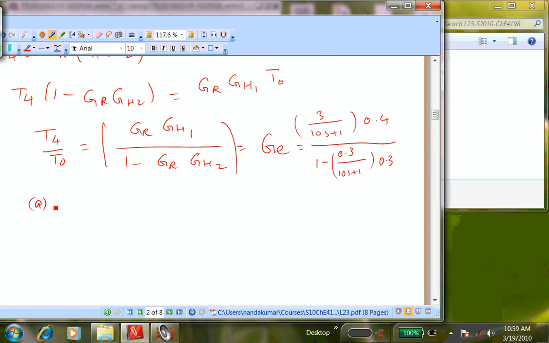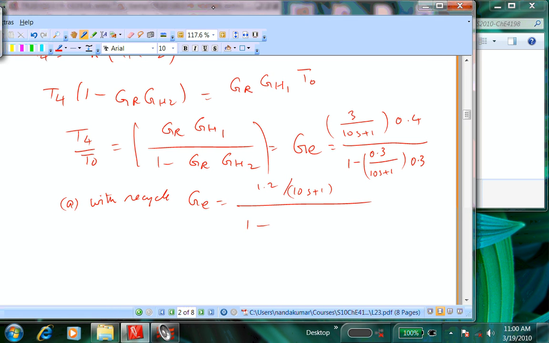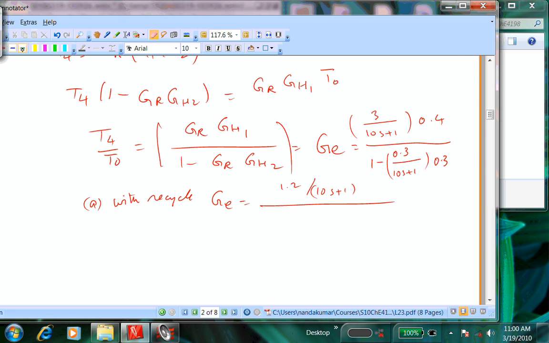So case A with recycle. Okay, so GE is then 1.2 divided by 10S plus 1 divided by 1 minus 0.9 divided by 10S plus 1.